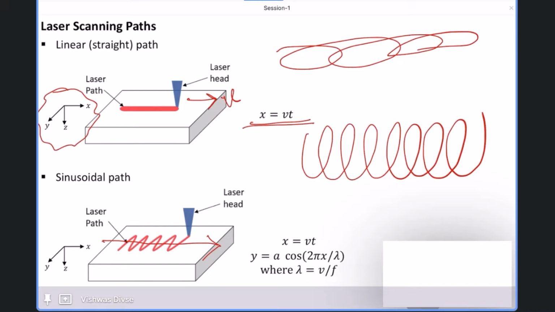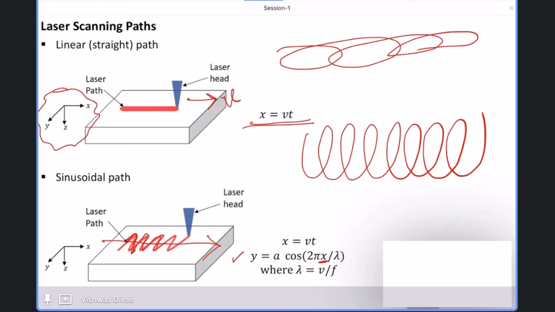When the laser is moving in the x direction, it is simultaneously oscillating sinusoidally in the y direction. That's why, whenever I write the equation for y, there is x available. The x velocity is the same, x coordinate is v times t, but the y coordinate is a cosine or sine.